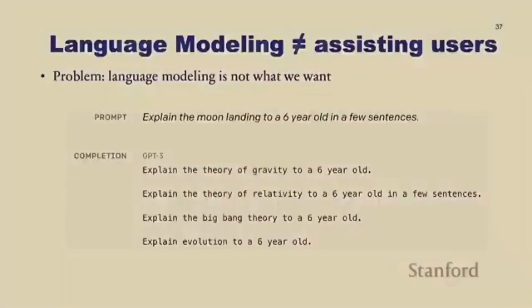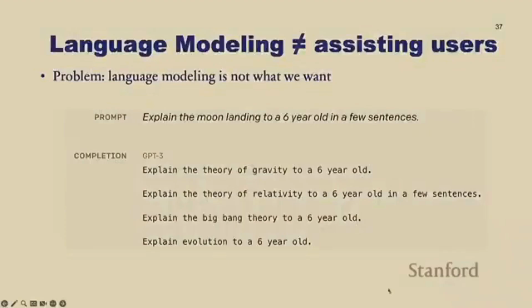So the task of post-training, the reason why we need to do post-training is, as I told you before, to make AI assistants. Language modeling is not really the thing that you want when you have an AI assistant.